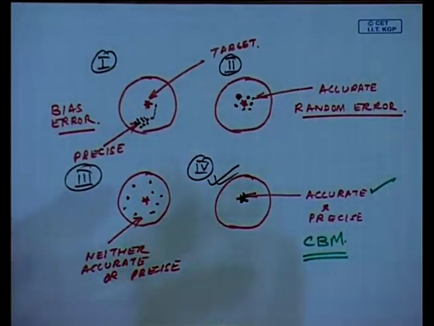Okay. So, today if you go to the market to buy a thermometer, you will get a thermometer for 5 rupees, you will get a thermometer for 20 rupees, you will get a thermometer for 2000 rupees. Okay. Not that the cost is towards the profit margin of the supplier, but it is for these values.